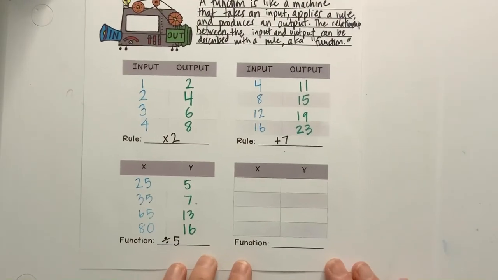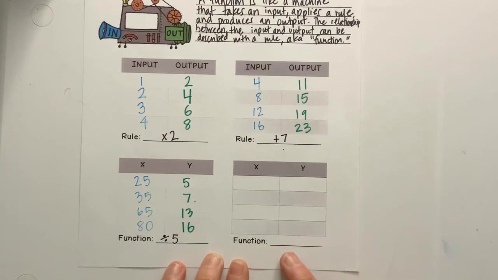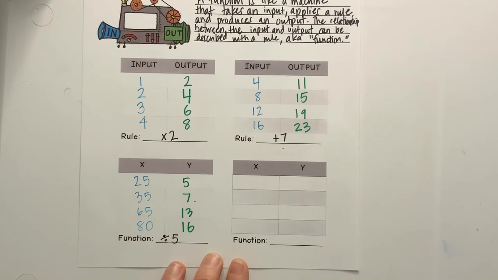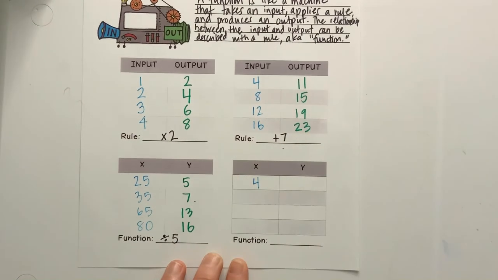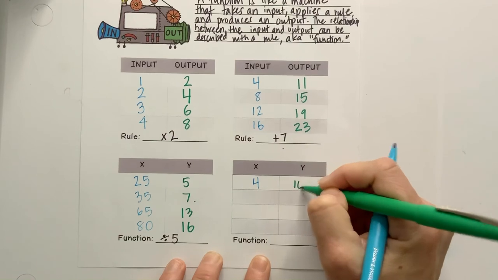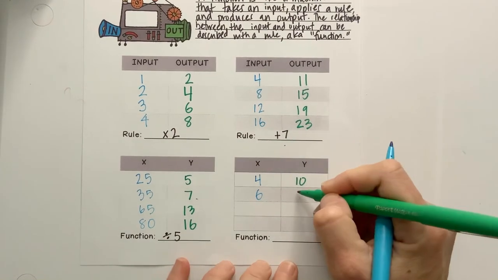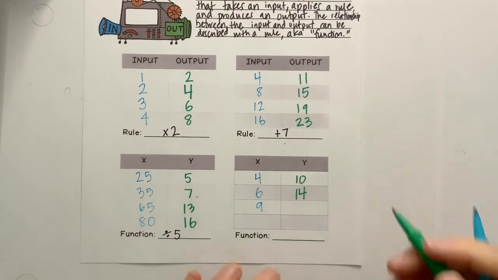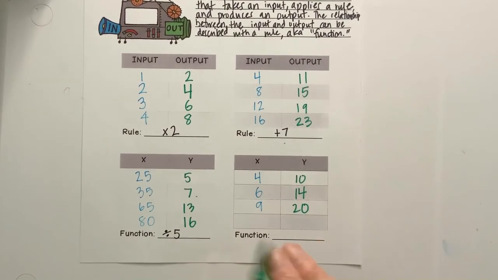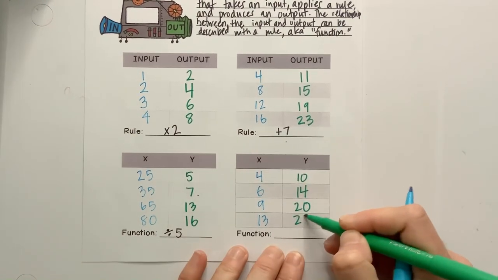All right, and the last one we're going to look at today with the x and y, the input output, we're going to try to figure out what the function is. Sometimes you'll see that it is a two-part function rule. So if 4 goes in, what if 10 were to pop out? What if 6 goes in and 14 were to pop out? What if 9 were to go into our machine and 20 were to pop out? 13 goes in and 28 pops out.